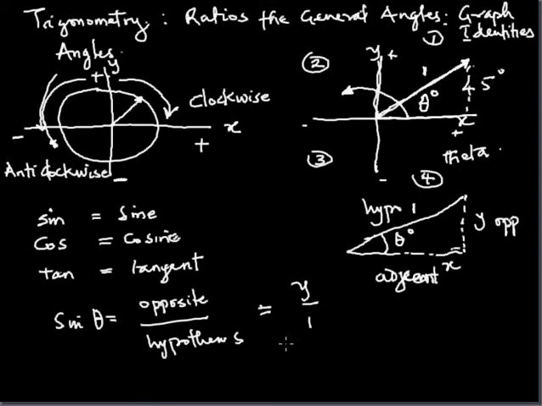The same thing applies to the cosine. Cosine is the same thing as adjacent over hypotenuse.